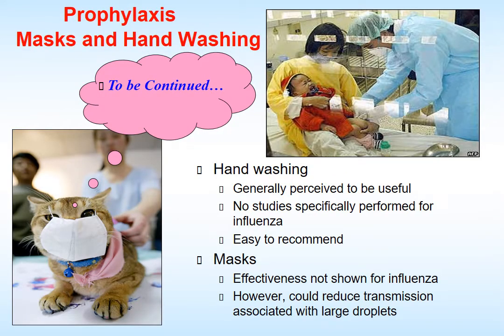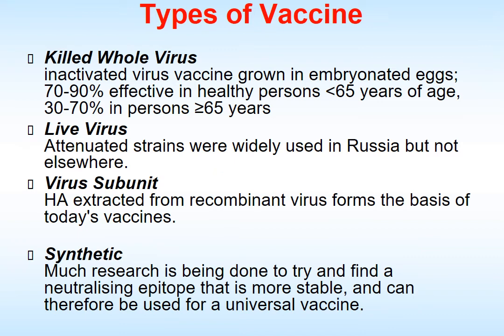Prophylaxis. Non-specific: hand washing, masks. Specific prophylaxis can be provided by using a killed whole virus vaccine, a live vaccine, a subunit vaccine, and a synthetic vaccine.